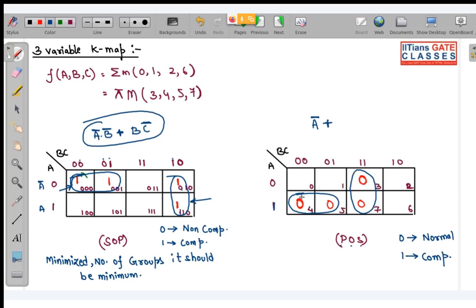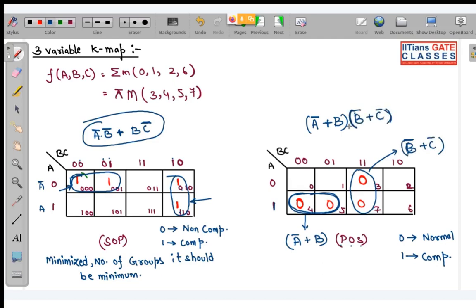The first sum term will come from this group. This group corresponds to A plus, and over here B equal to 0 is common. So this will be A plus B. Now what about this? If you check, A is not common, B equal to 1, C equal to 1. So this will be B complement plus C complement.